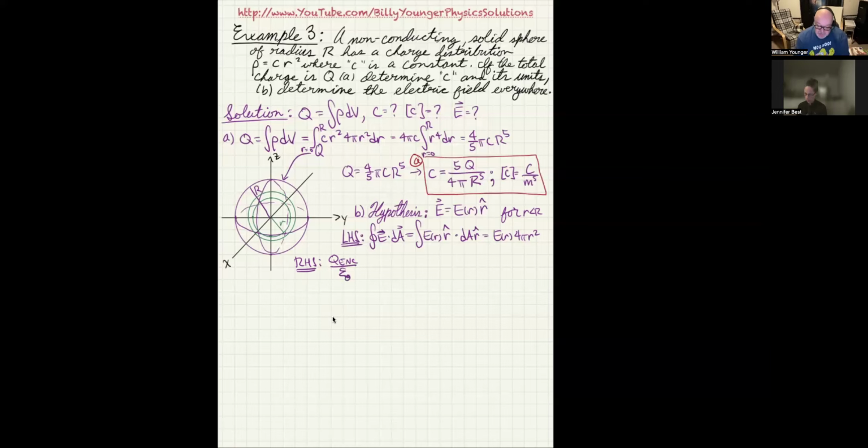There are nice, neat little ways where you can avoid doing the integrals again, but I'm not even going to try this time. I'm going to say this is equal to 1 over epsilon naught times the integral of rho dV. Only this time I'm integrating from r equals 0 to little r because my Gaussian surface is a sphere of radius little r. I didn't draw it this time, but let me write it here.